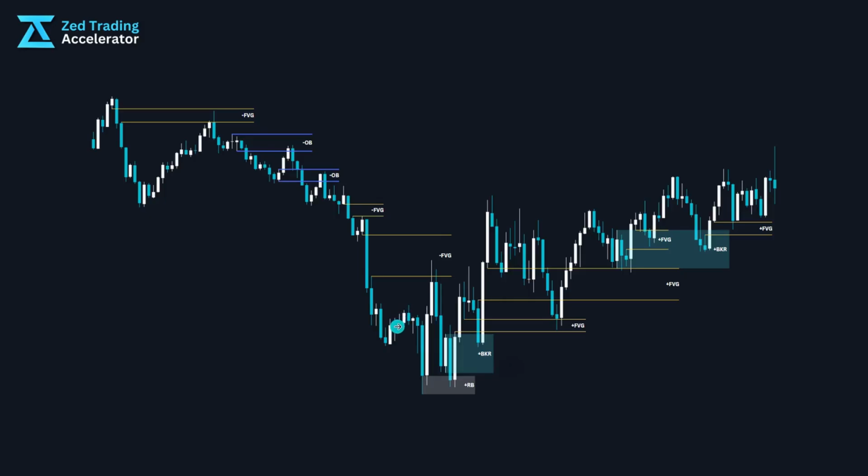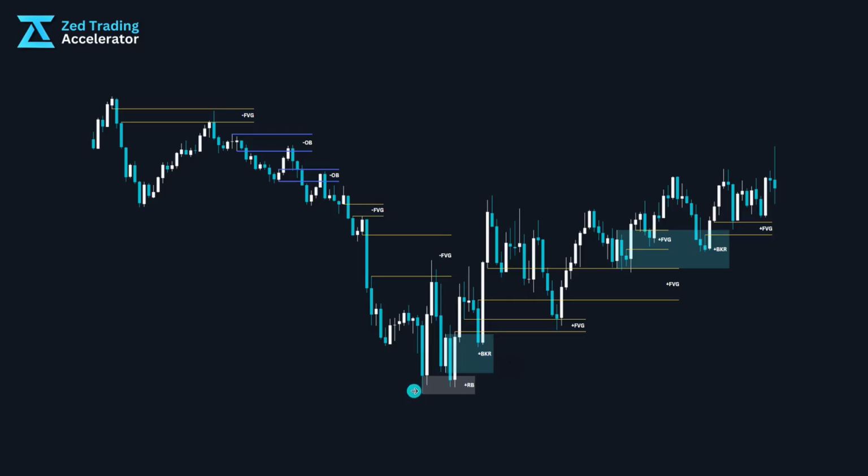And as we can see right here, we have a fair value gap. We want this fair value gap to be respected, right? Since we have already retraced back into this fair value gap, we want the price to continue going lower now. We want this swing low right here to be disrespected.